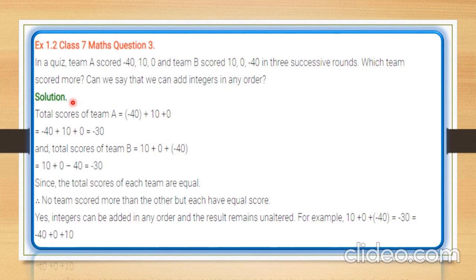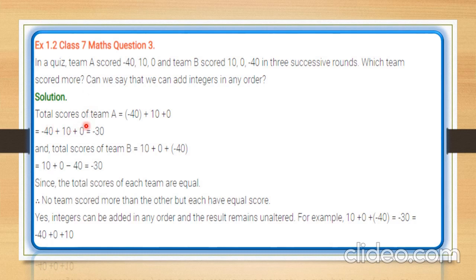There are two parts in this question. First one, which team scored more we have to find. So there are 3 successive rounds, and team A scored minus 40 in first round, second round 10, and third round 0. So for team A, let us see the total score.